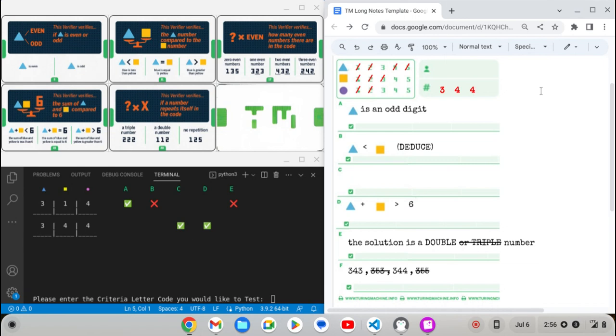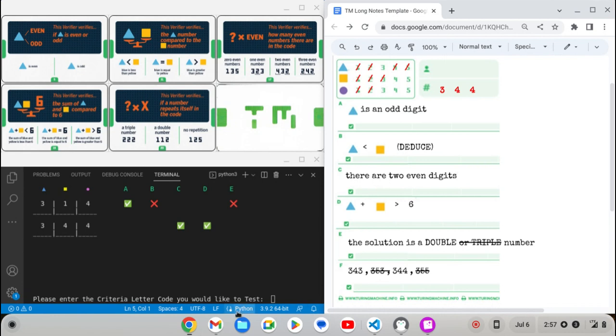Okay, so it looks like, based on our previous checklist, I think it meets all the criteria. And so let me just type up in section C that there are 2 even digits.